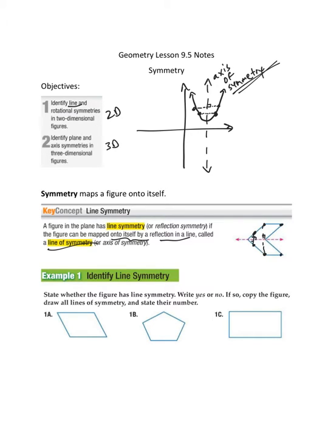So, guys, if there was a point where this wasn't true, then certainly it wouldn't actually have symmetry, and that's what we're going to be looking at in example 1, identifying line symmetry. State whether the figure has line symmetry, yes or no. If so, copy the figure and draw all lines of symmetry and state their number. So, guys, the idea here, we're trying to determine if these do have line symmetry.